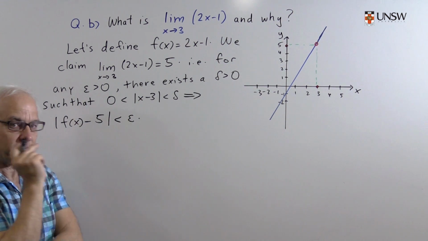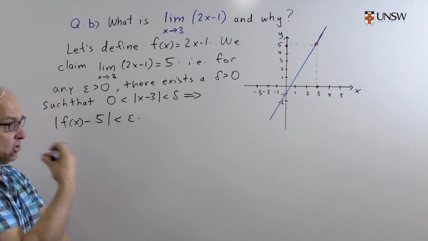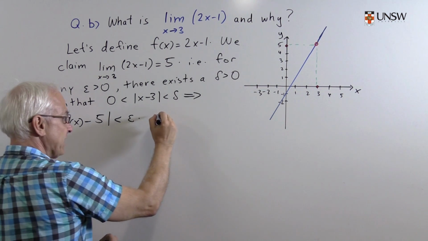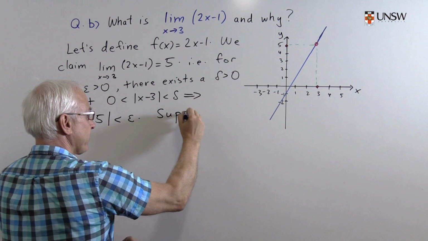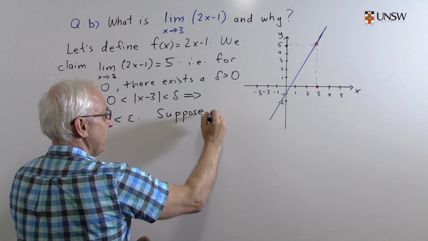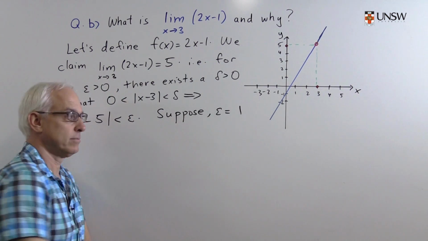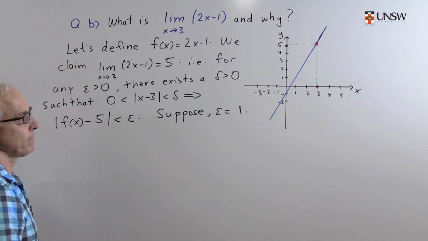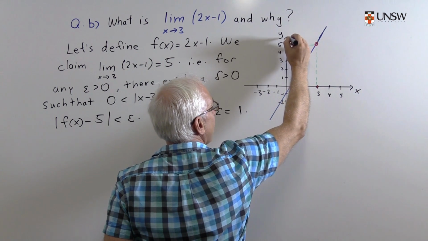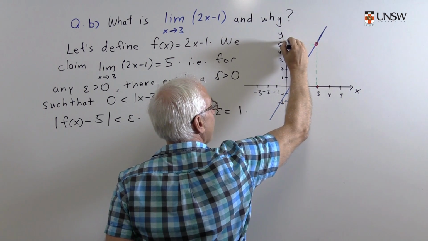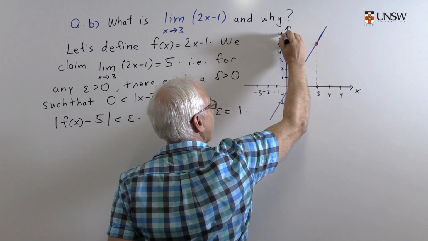And let's have a look at what it actually means geometrically. So for example, suppose, to illustrate, that epsilon is, say, 1. So in this picture, I guess we should maybe extend this a little bit. Let's make it up there so we can also see 6.